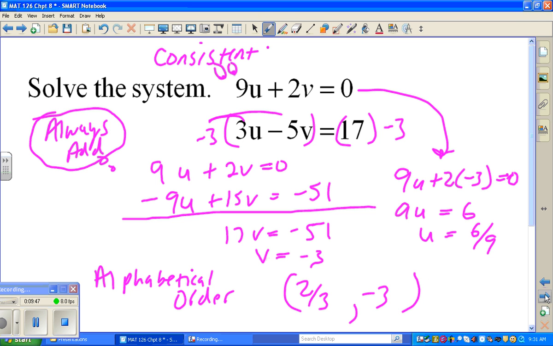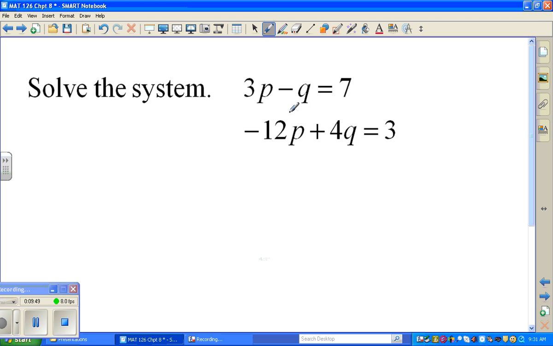Okay, 2/3, -3. Now remember, it goes in alphabetical order for your solution. So you're going to write your solution as P, Q. Letters in the back of the alphabet are for variables. Letters at the front of the alphabet are for constants.